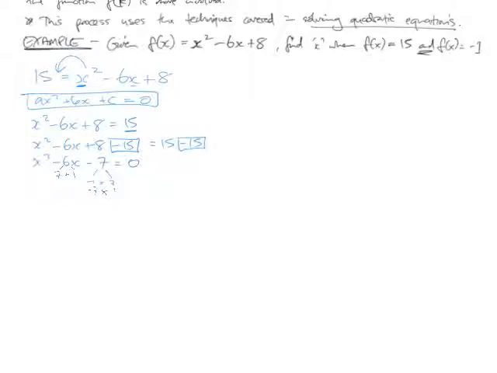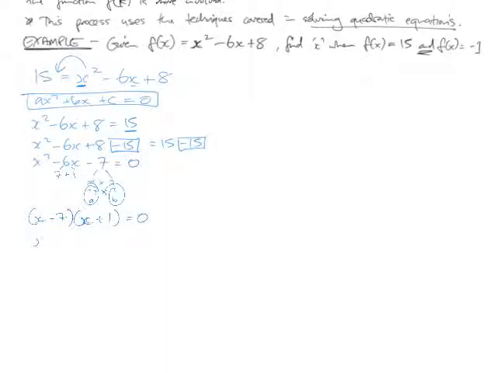So that lets me do the sum product rule. My a and b are these numbers, negative 7 and 1. So it's going to be x take 7, x plus 1, factorization, and they equal 0.